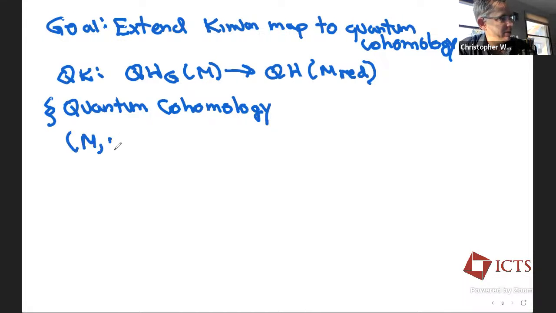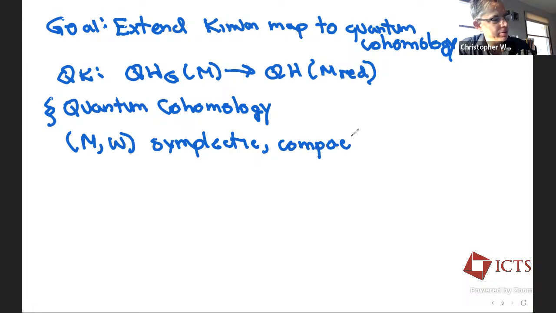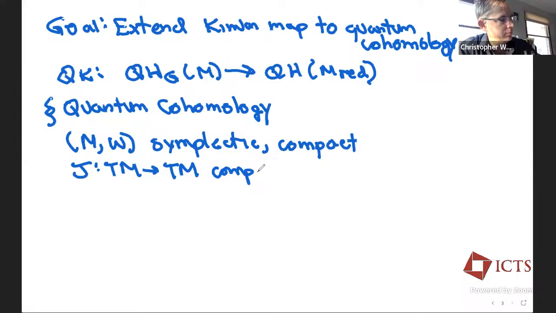Okay, so now (M, omega) can just be any symplectic manifold. And again, sometimes you can make it work in the non-compact setting, but let's just say it's compact. And J is the compatible almost complex structure.